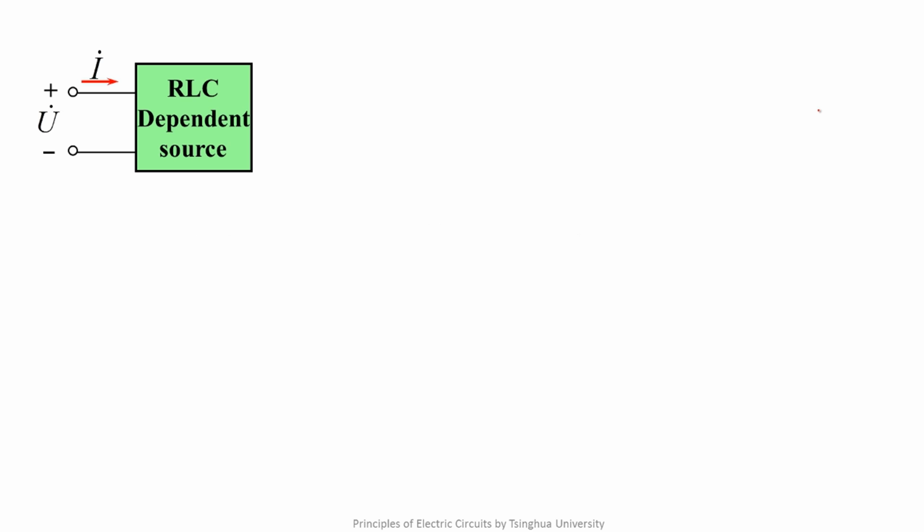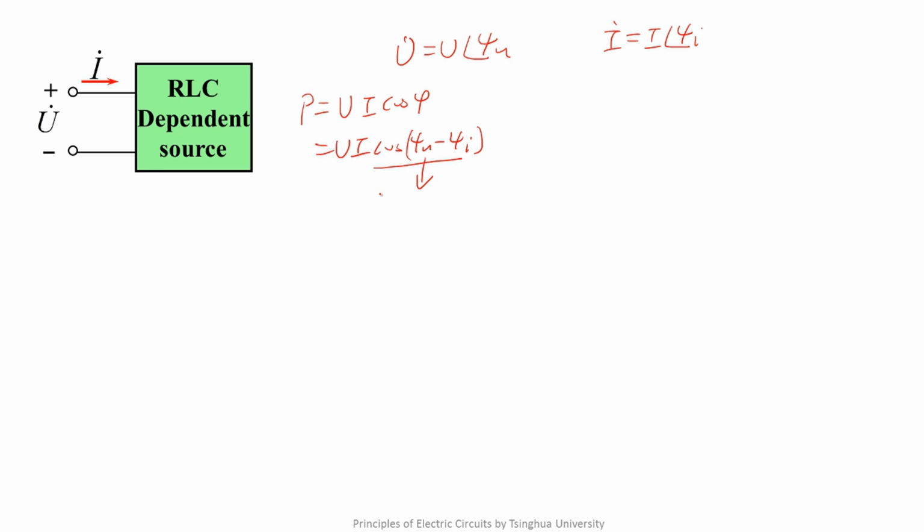For such a one-port network containing RLC and dependent sources under SSS, we assume that the voltage phasor is U and the current phasor is I. We know that the active power absorbed by the port is P. By using Euler's formula for the cosine part, we know that.